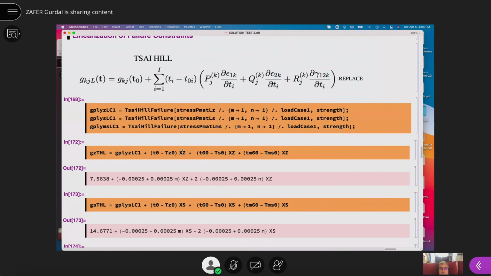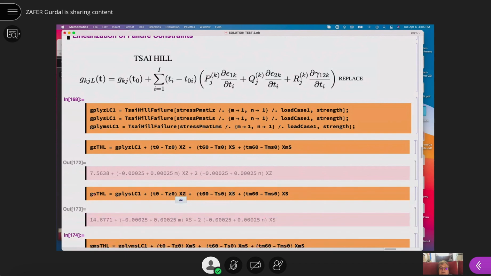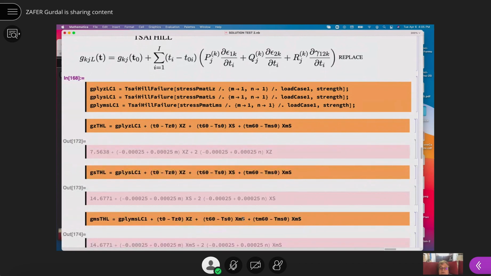In fact, this will probably become more like 0, 60, minus 60, because this is multiplying the 60 degree.